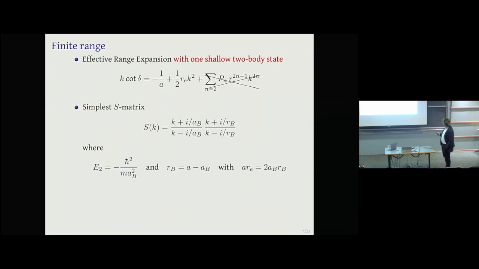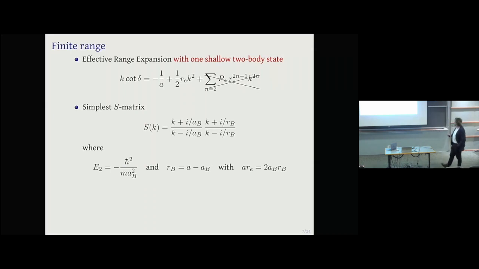And its location is given by the inverse of this RB. RB happens to be just the difference between the scattering length and this binding length, and it is a constant. In this scheme, if we stay up to second order and neglect shape parameters, it is just a constant.